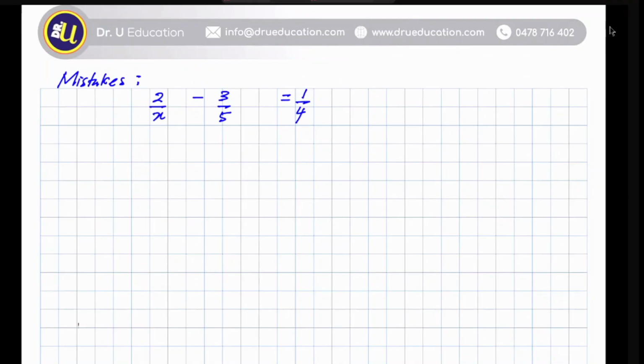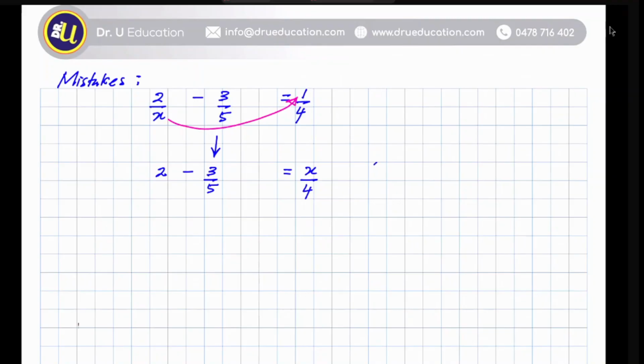They take this x and then cross multiply with this. They are thinking this is the right way to do the cross multiplication. Whatever you see, you can cross multiply. Then they try to simplify. Okay, you just have 2 here, minus 3 divided by 5 here, and this is going to be x divided by 4. Why? Because you put x on the other side. So they think this is cross multiplication.